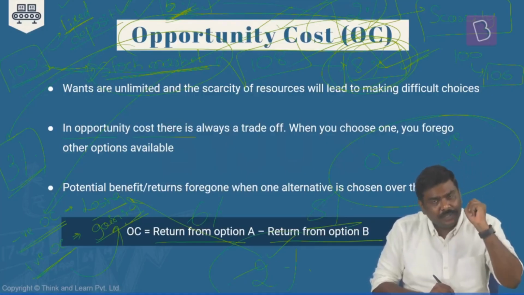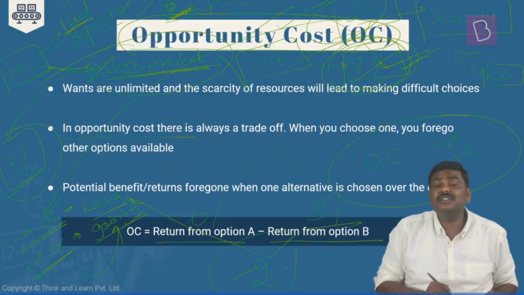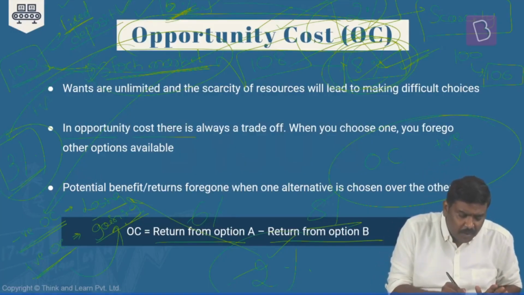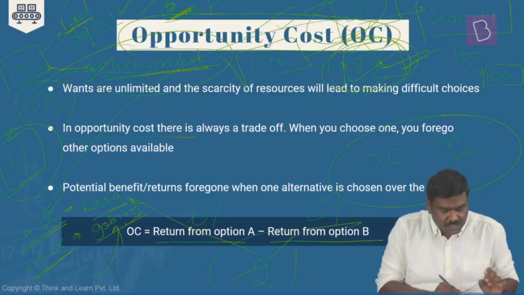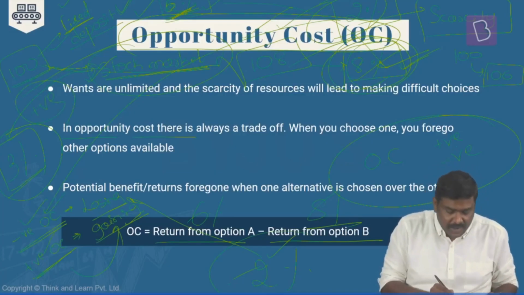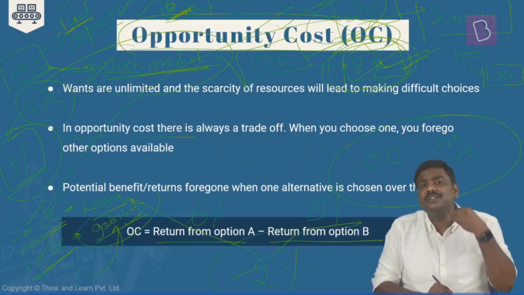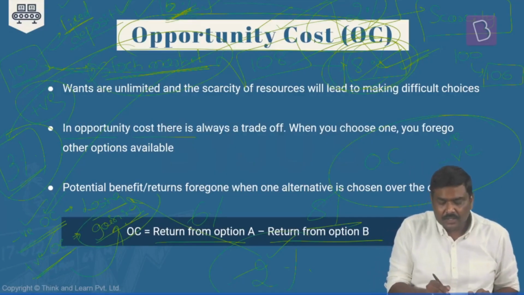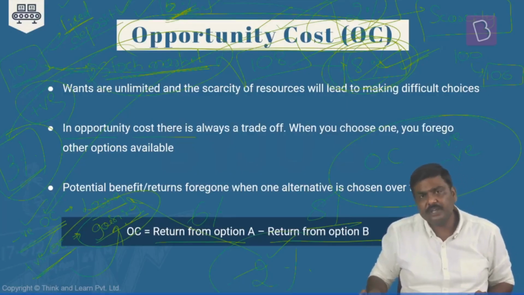You have earned 6 rupees, but if you had made a decision to invest in the stock market, you would have earned only 3 rupees. So there is a positive opportunity cost. Is it okay? The opportunity cost in this case is positive. And in case of a positive opportunity cost, it simply means you are gaining from this particular decision making. Done? So this is a discussion with respect to opportunity cost.